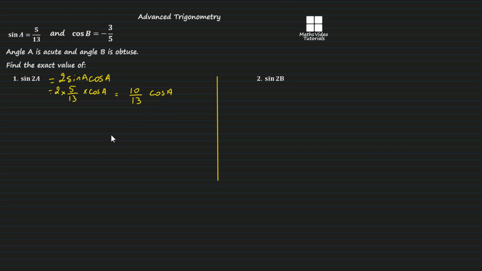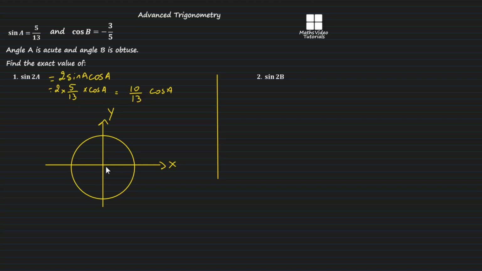If I draw a unit circle, my angle A would be in the first quadrant here. So let's sketch it. This is my angle A. Now I draw a right angle triangle to obtain the opposite of the angle A. The function sine is the opposite side divided by the hypotenuse.